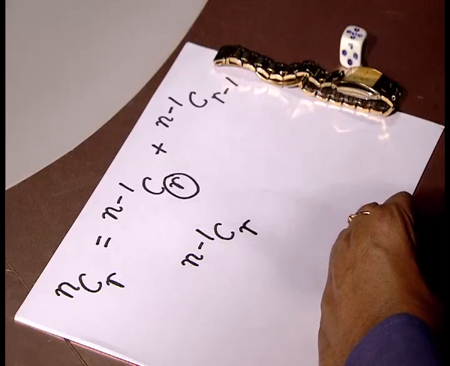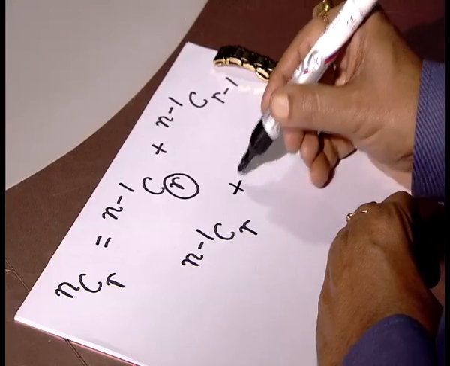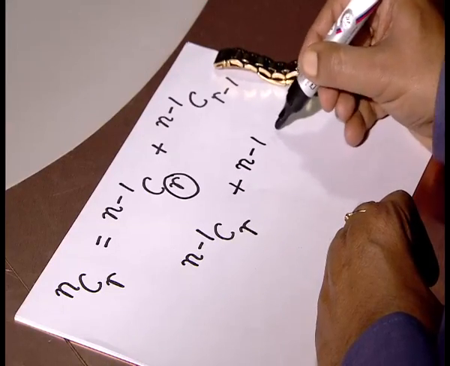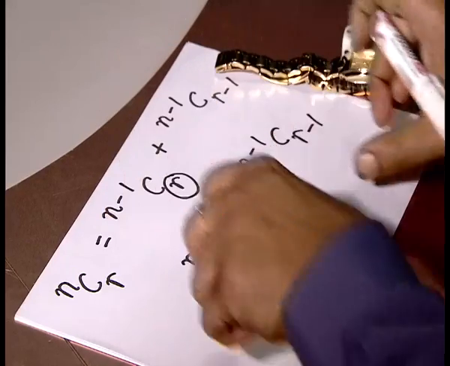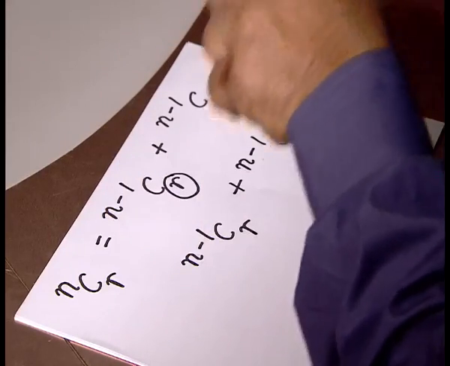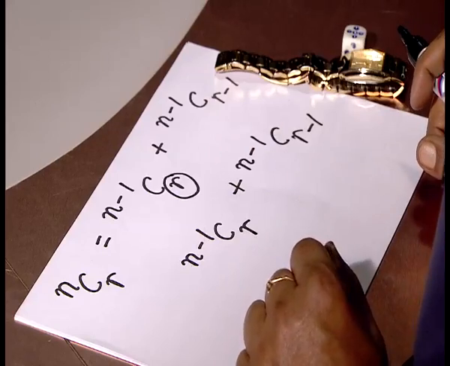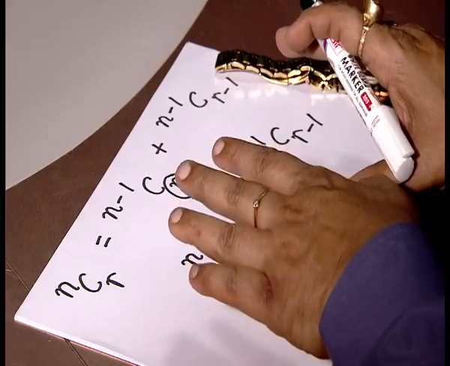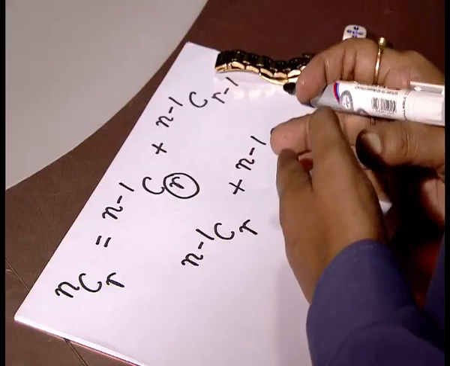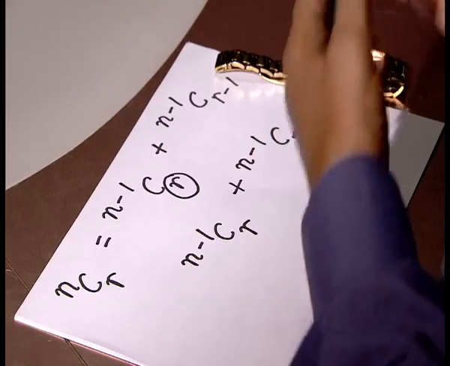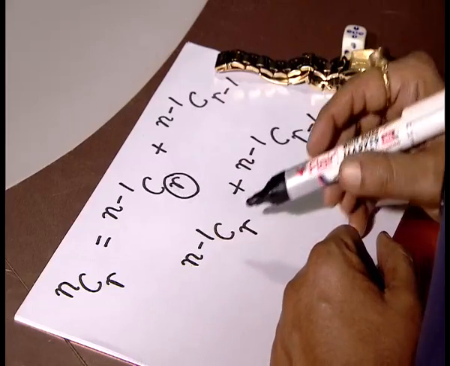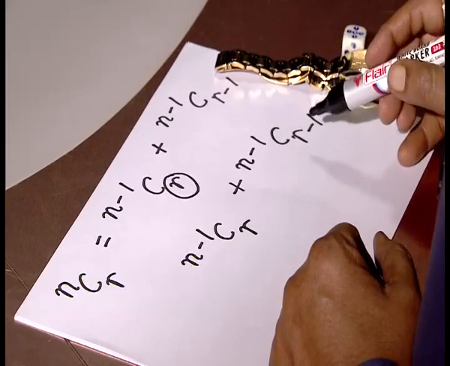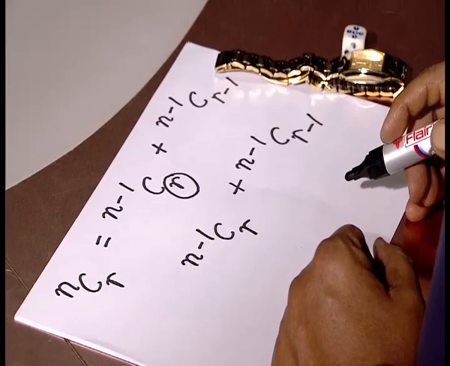So, what remains are those n minus 1 things, and therefore, the next term would be n minus 1 C r minus 1. So, this can be proved by working out several algebraic steps, but without going into algebraic steps, just by way of reasoning you can arrive at the result, a very, very fundamental and important result, that NCR is equal to n minus 1 CR plus n minus 1 C r minus 1.